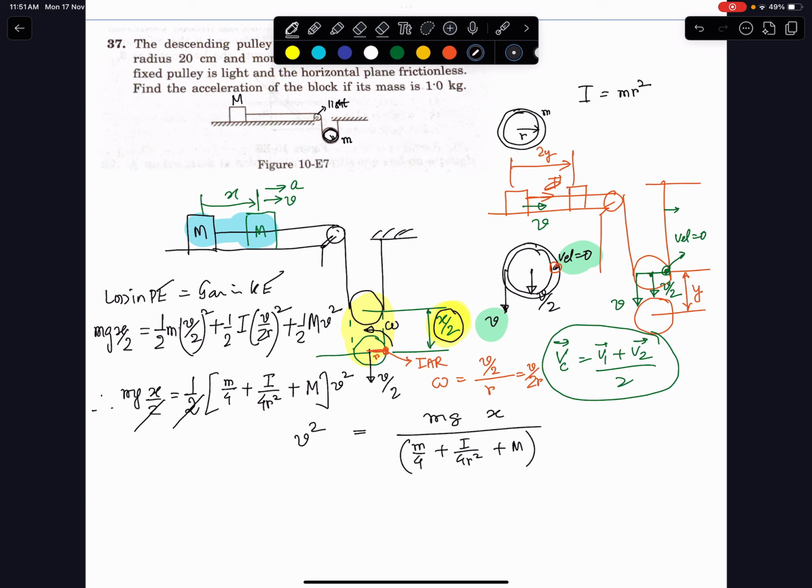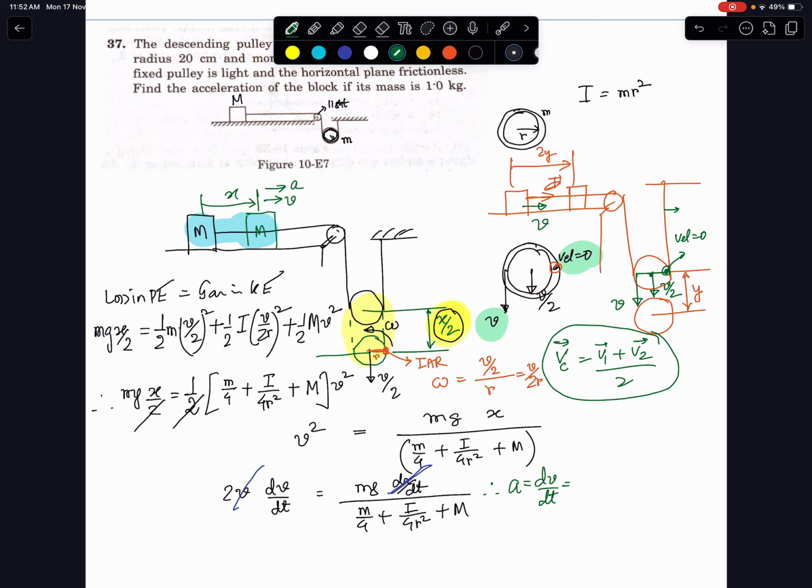Again you can differentiate it with respect to time. So 2v dv/dt is equal to mg dx/dt divided by this whole thing, m by 4 plus I by 4r square plus capital M. Now v is equal to dx/dt, so that will cancel. Therefore dv/dt, that is the acceleration of the block, is half of mg divided by (m by 4 plus I by 4r square plus capital M).